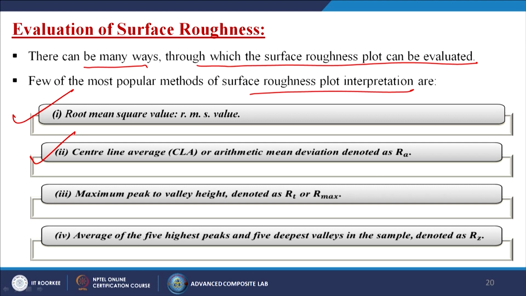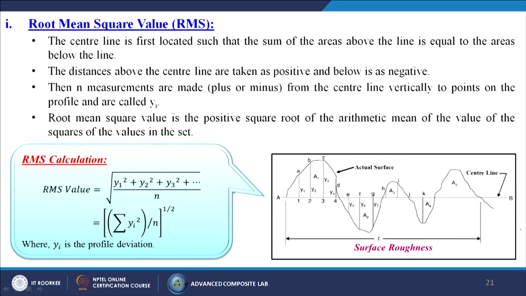Second is the center line average, CLA, or the arithmetic mean deviation, denoted as Ra. Third is the maximum peak to valley height, denoted as Rt or Rmax. Number four is the average of the 5 highest peaks and 5 deepest valleys in the sample, denoted as Rz. So, this is the average value.